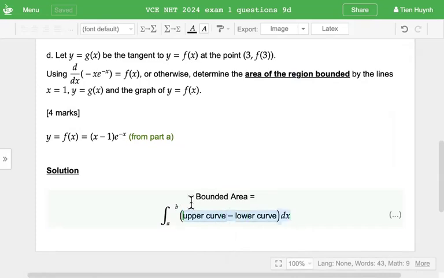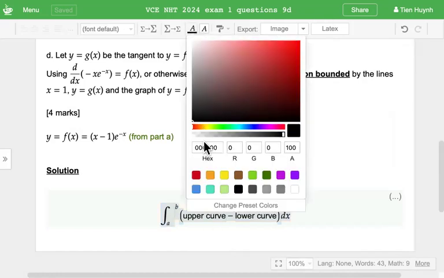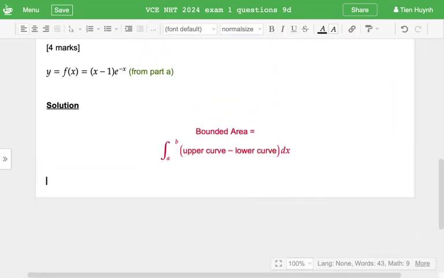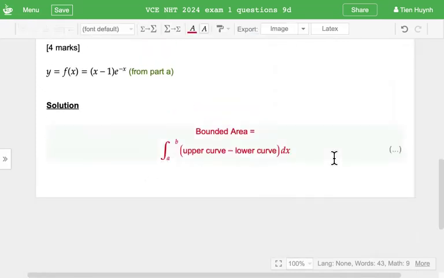So this is very important. We will use this formula in order to answer the question. So I will make it red color and it is important. Now, let's analyze this one. In our question, the lower bound a would be 1 and the upper bound would be 3.